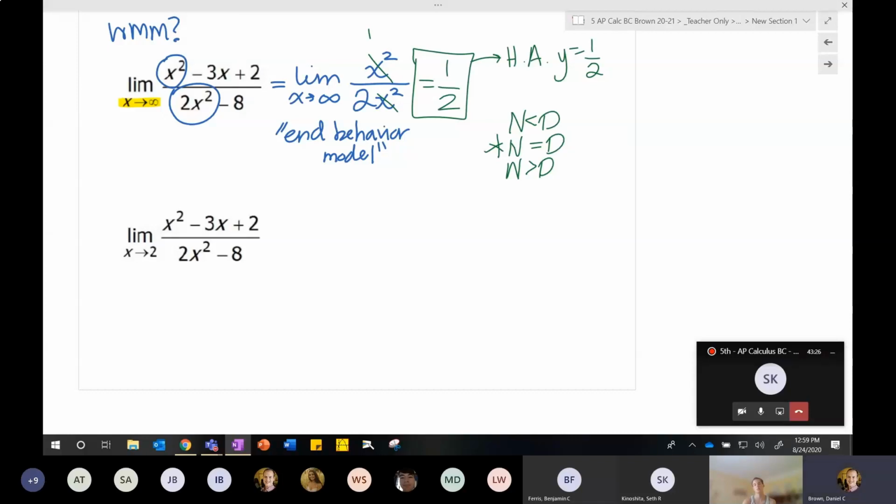Looking at the second one, this is direct substitution. One mistake I often see is people want to do what matters most all the time. On the second one, don't always just pick what matters most. If you did this and then tried to plug in 2, that would be completely wrong.